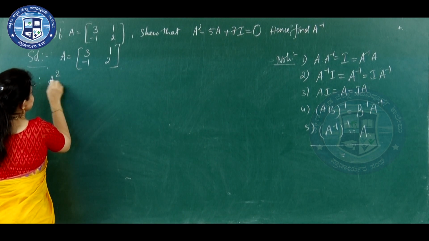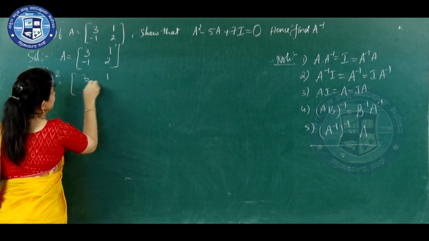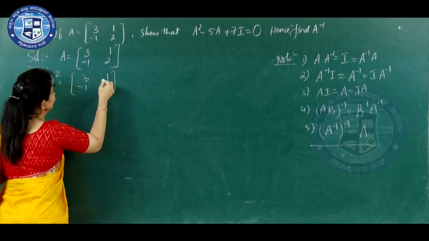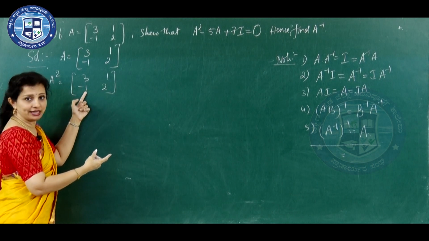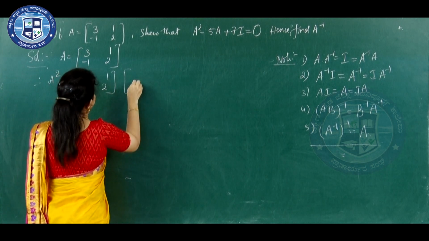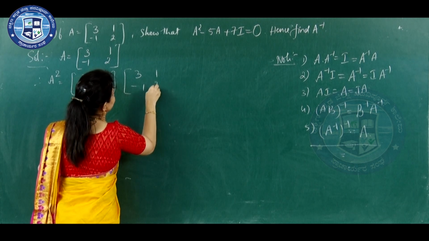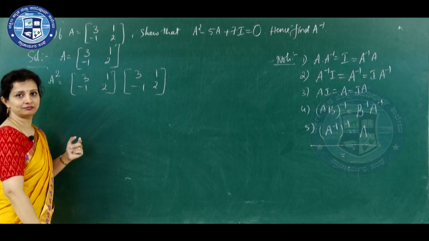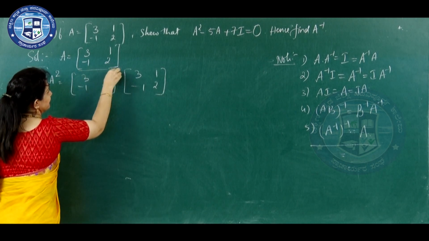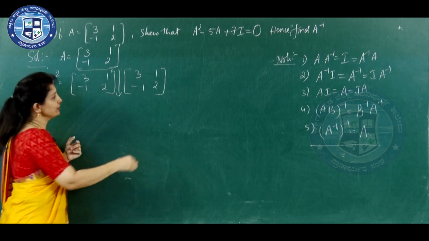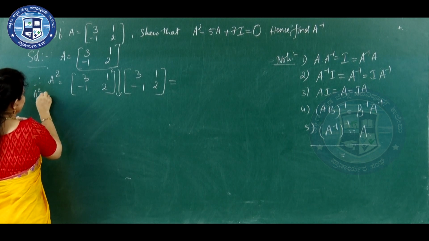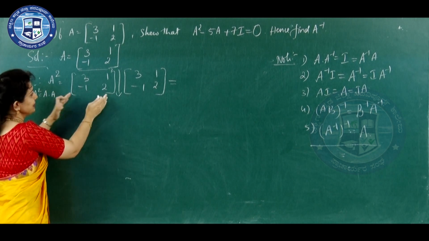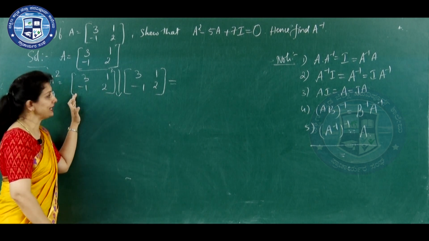A square can be written as A into A, right? So, A is 3, 1, minus 1, 2 into A, 3, 1, minus 1, 2. We know how to multiply the two matrices. A square is A into A.